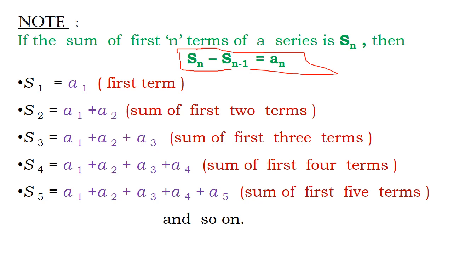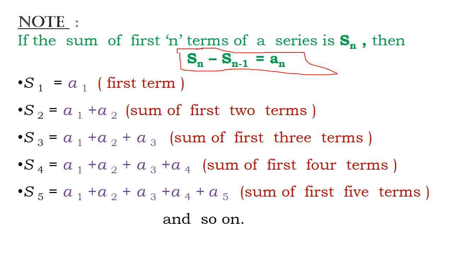Now S1 is nothing but the first term, that is A1. S2 is the sum of the first two terms, that is A1 plus A2. S3 is the sum of the first three terms, that is A1 plus A2 plus A3.